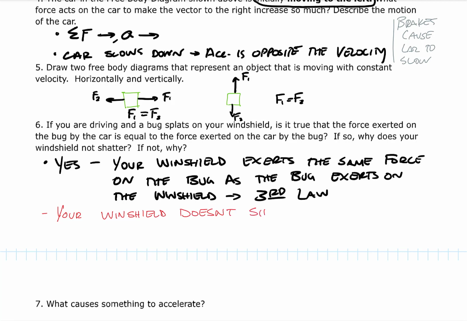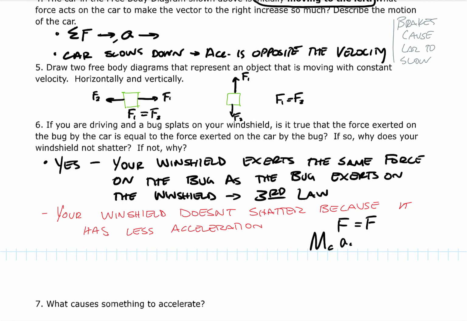Your windshield doesn't shatter because it has less acceleration. And the little formula thing that I want you to keep in mind: the forces are equal, but the mass of your car is much bigger, so the acceleration of your car is smaller, and the mass of the bug is smaller, so its acceleration is much bigger. The difference in mass means that there's going to be a difference in acceleration.